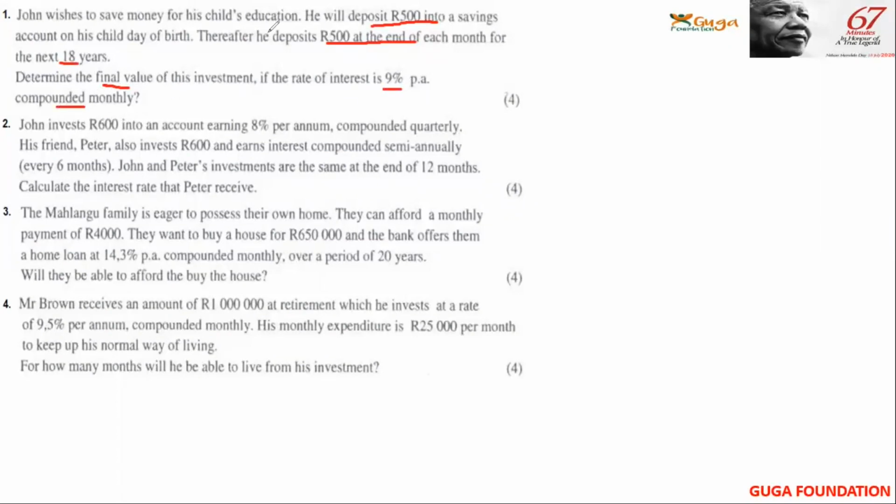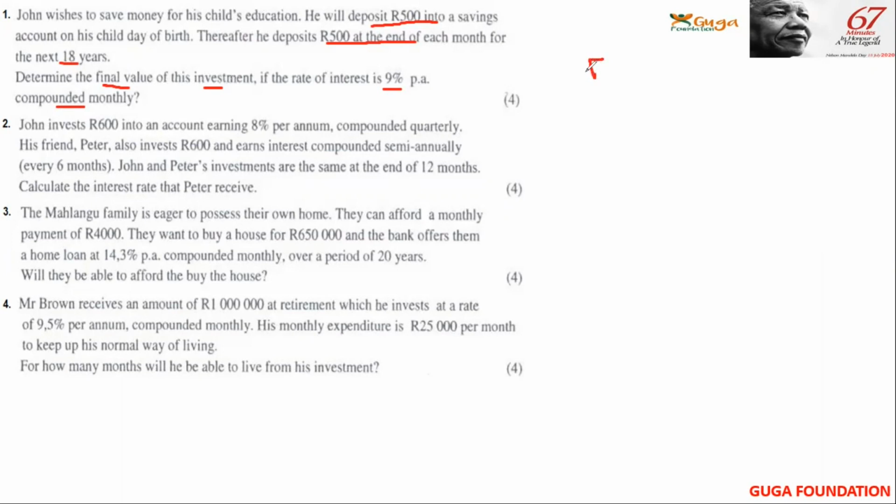So here we're talking about annuities. So what are annuities? Annuities are just a number of equal payments. The formula that we're going to use, because we want to determine the final value of the investment, is the future value formula.